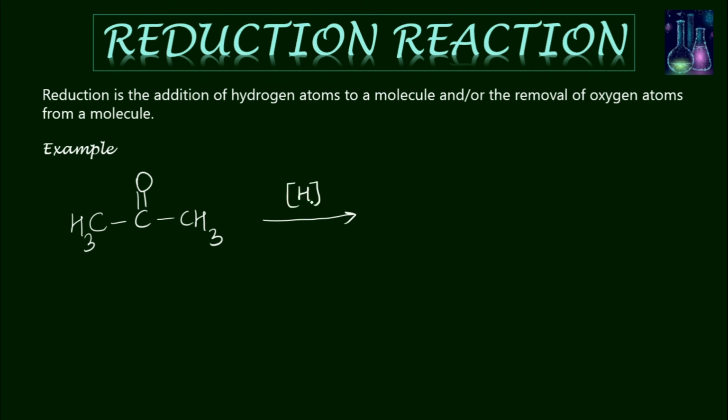Now how is this nascent hydrogen produced? Either by adding lithium aluminium hydride in dry ether or by taking sodium borohydride. They produce nascent hydrogen. This adds to the molecule and you get an alcohol.